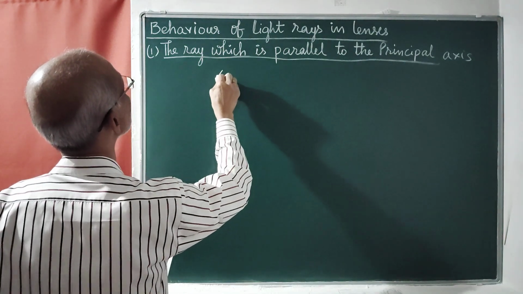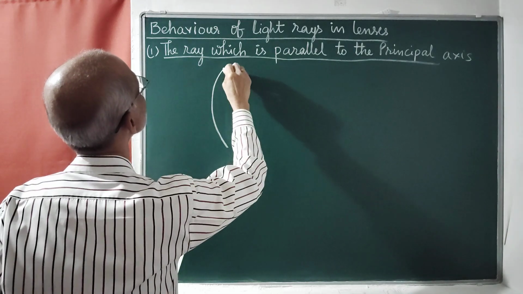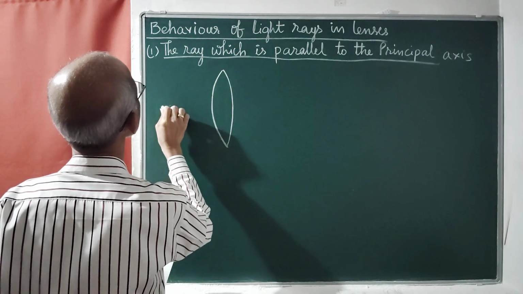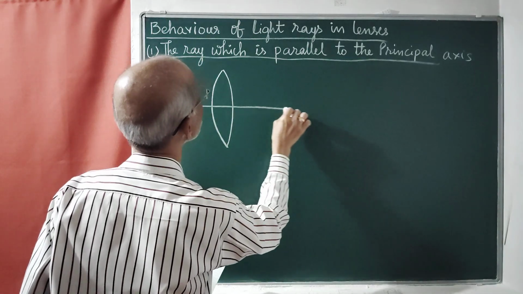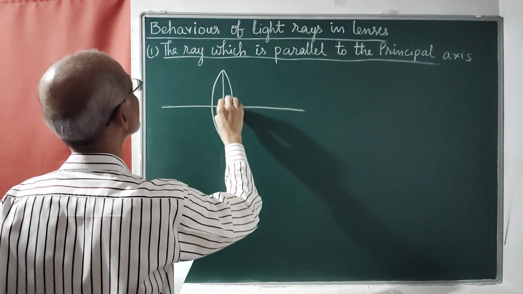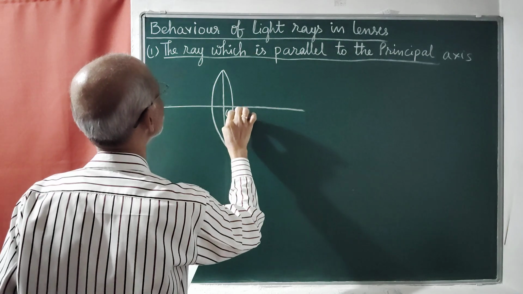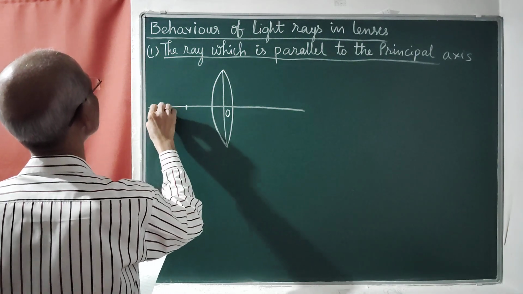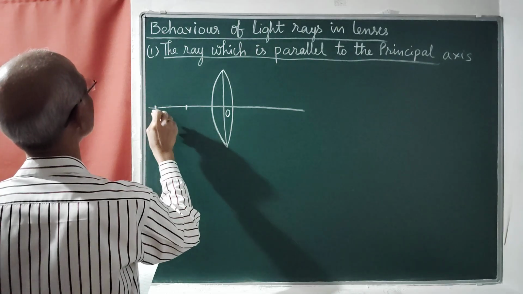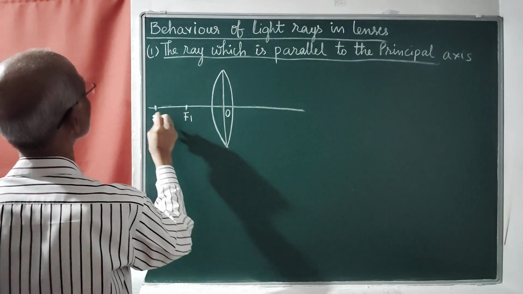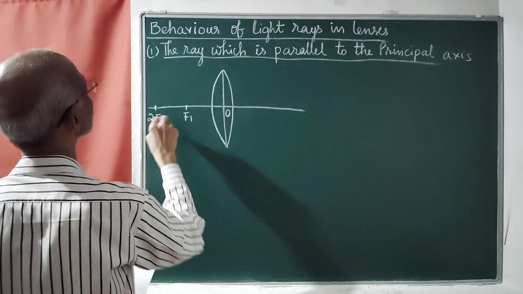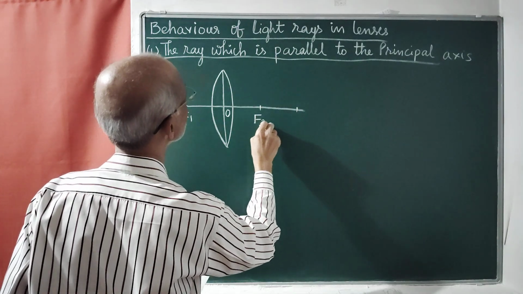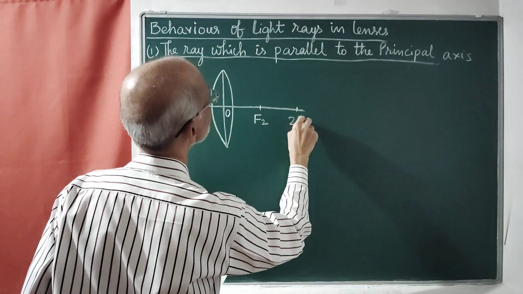In the case of a convex lens, F1, 2F1, F2, 2F2.